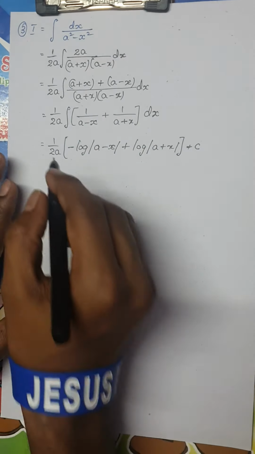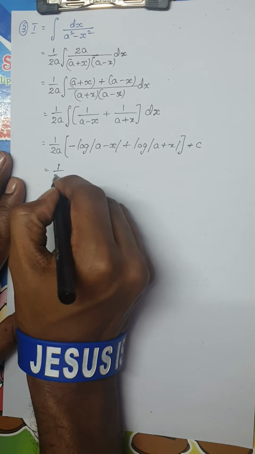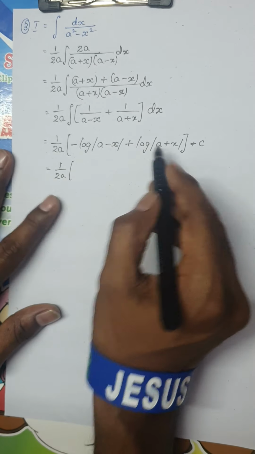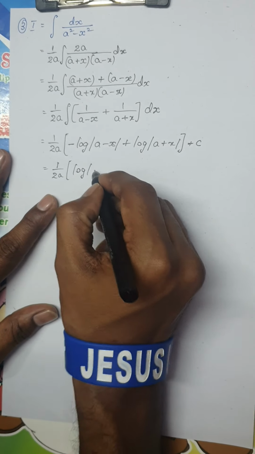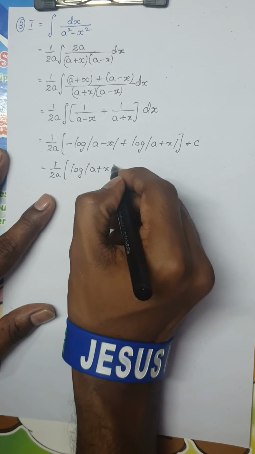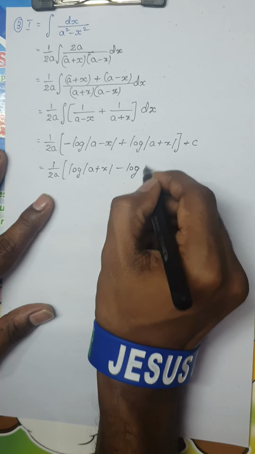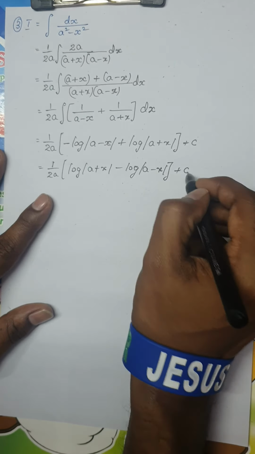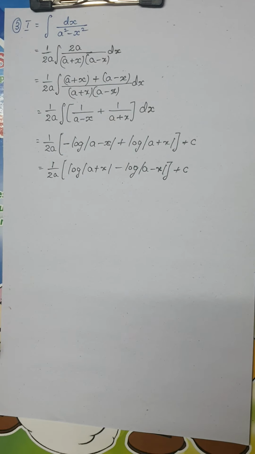Okay, so this is nothing but 1 divided by 2a. Remember, I have this negative term. Let me write the positive term first. So I'll get log of mod a plus x minus log of mod a minus x plus c, which is the constant of integration.